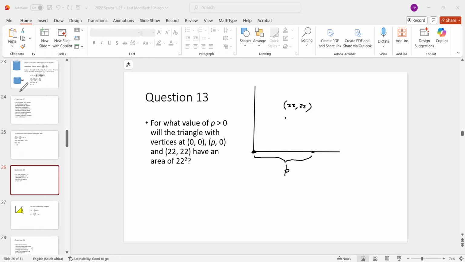But what's important is that the y coordinate is 22. Now to work out the y coordinate, from that point, you have to draw a perpendicular line, and the length of that line is 22. And from the origin to this point, that's also 22.